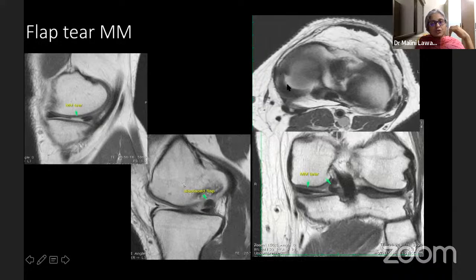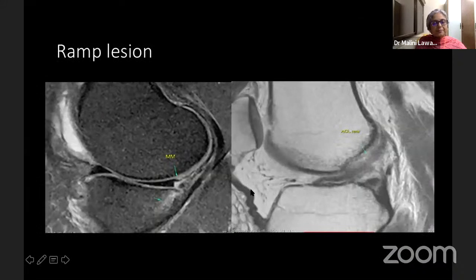Axial images show you this defect, the parrot beak tear or flap tear, and you can see the displaced meniscal flap here. So it's very important to identify these flaps so that during surgery, these can be removed. So it's important to mention the location of these lesions, because then one can know where these flaps are displaced.